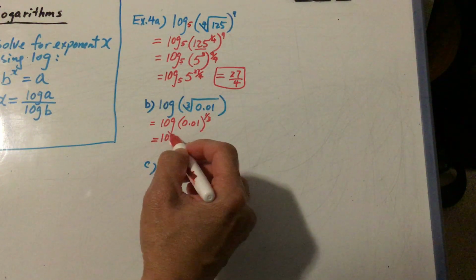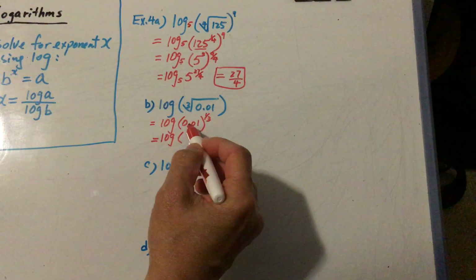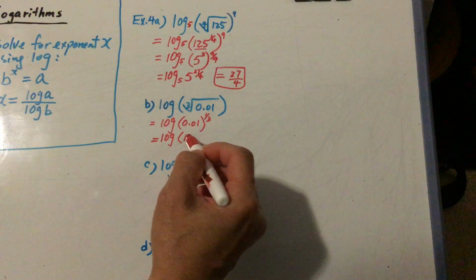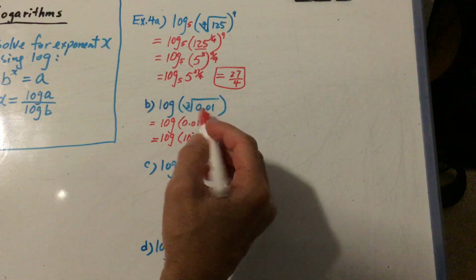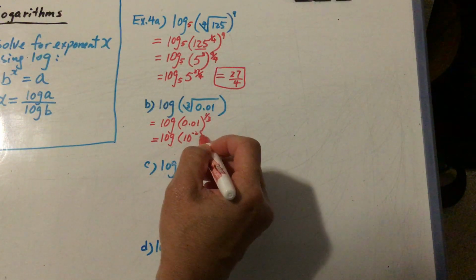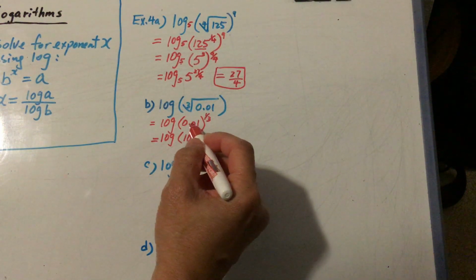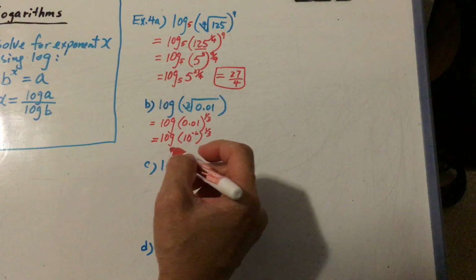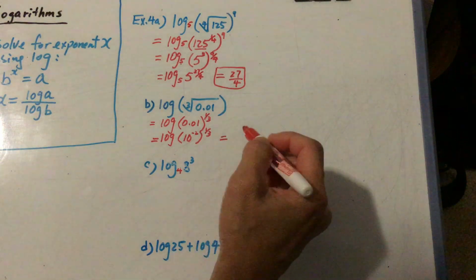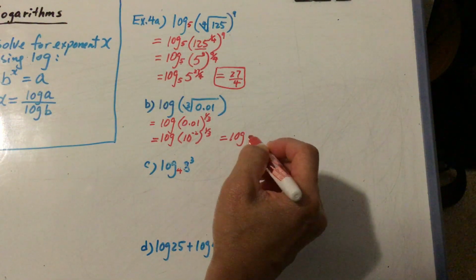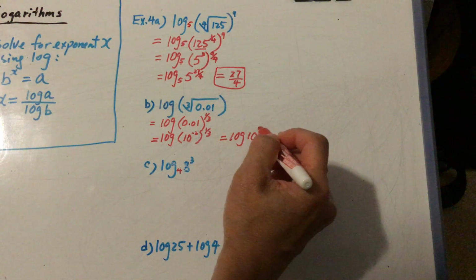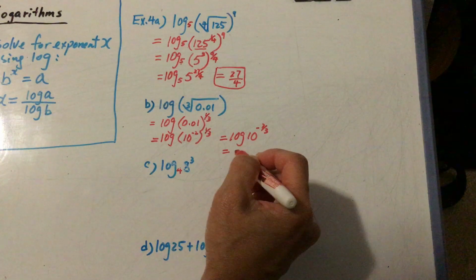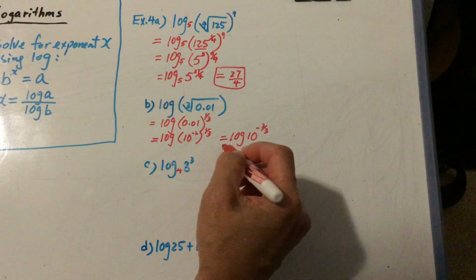Because the base is 10, in order to turn 10 into 0.01, this is 10 to the negative 2. 1 over 100 will give you 0.01, and with the 1/3 outside, I will have a log 10 with the 10, but I get a negative 2 over 3. So the final answer here will be negative 2 over 3.